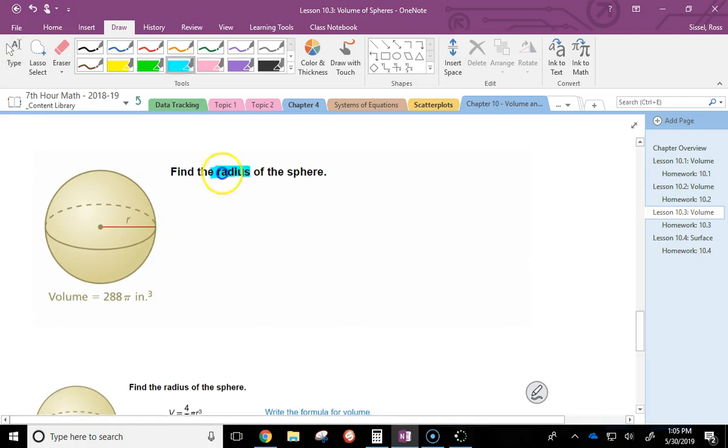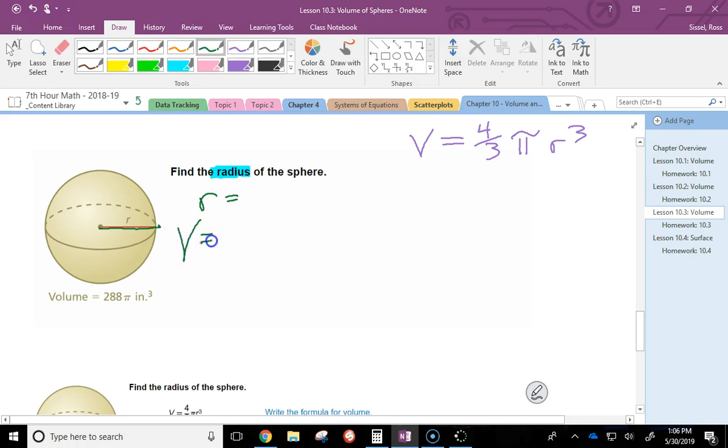This one is when I have to find the missing piece. We go about it the exact same way. Volume equals 4/3 pi radius cubed. I'm going to write down what do I know. Radius is missing. That's what I'm looking for.